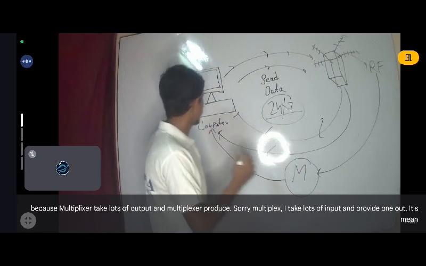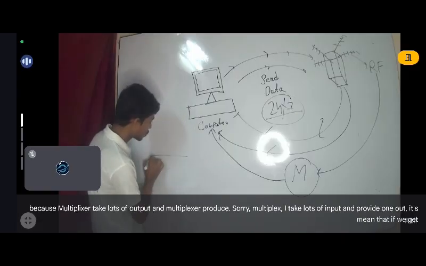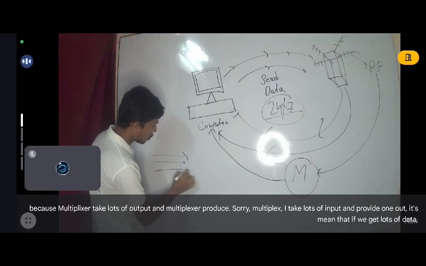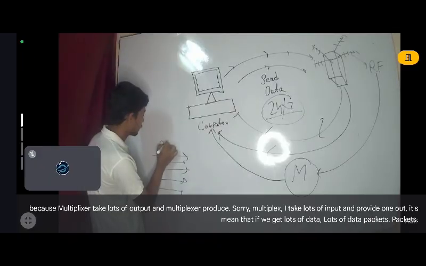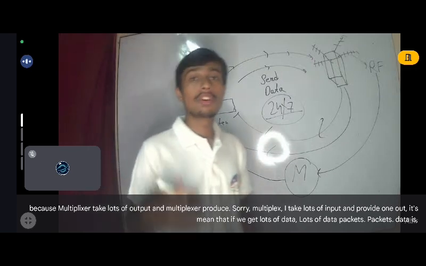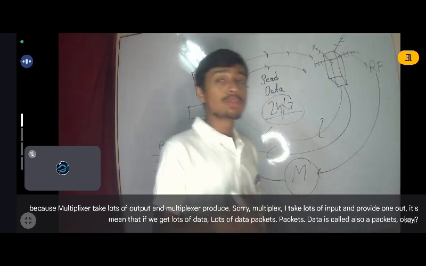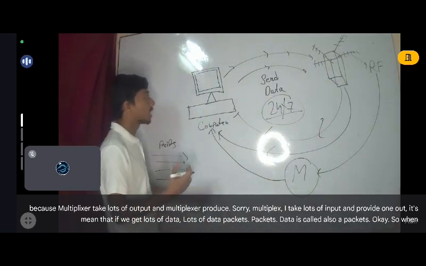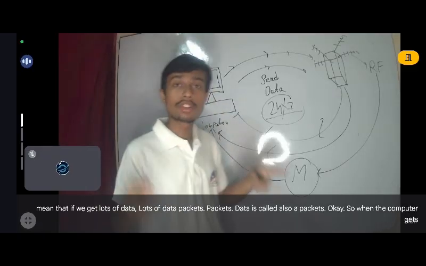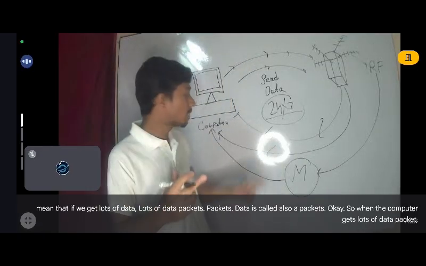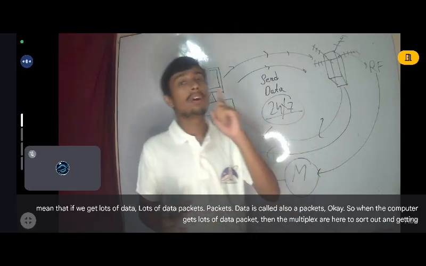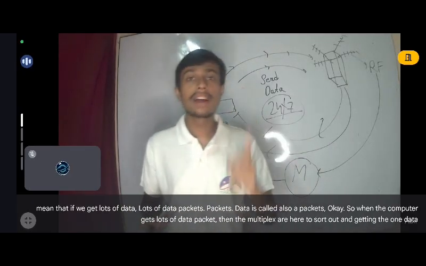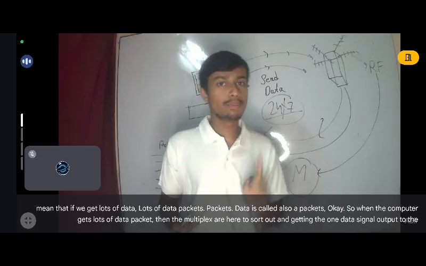It means that if we get lots of data packets, data is also called packets, then the multiplexer helps to sort them out and provide one data signal output to the computer.